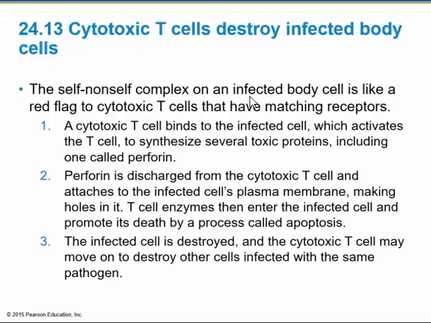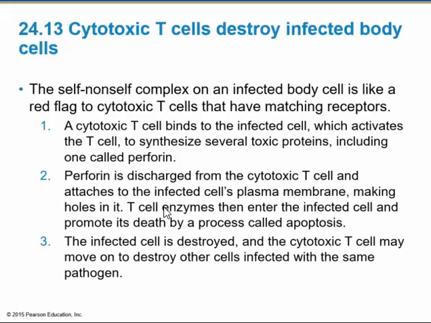So any infected body cell that has a self-non-self complex signals the cytotoxic T cells if it has the correct receptors. So when it binds to the infected cell, it activates it. It synthesizes proteins such as perforin. What perforin does is like a bullet.